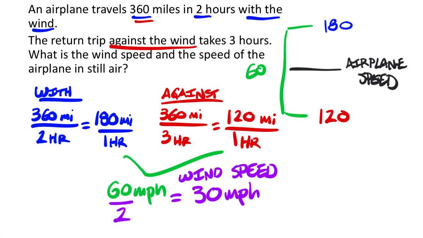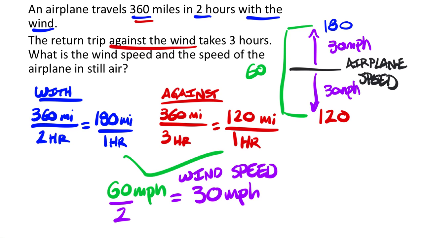And that means that half is the airplane speed would go down because it's against the wind, however much that wind speed is. And then if you add that wind speed to the airplane speed, you get 180. So the wind speed we can see is 30 miles per hour here. Again, it's just 60 cut in half. And then 30 miles per hour here, which is adding the half of the 60.